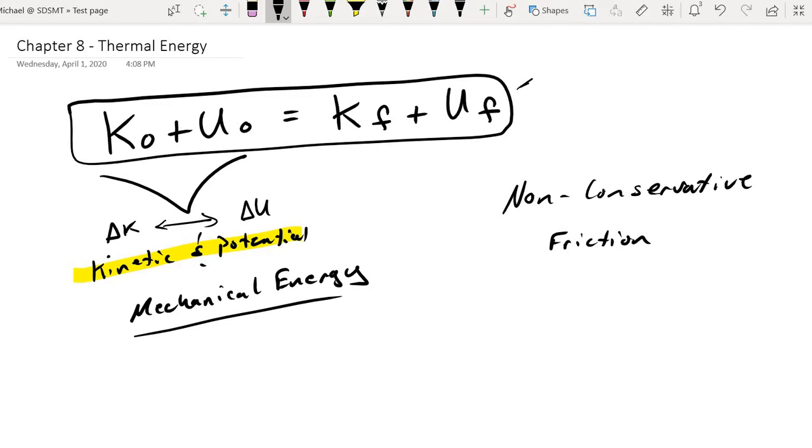Friction will never give energy to the system, it will always take away. And some other types of non-conservative forces that are out there, we have air resistance.